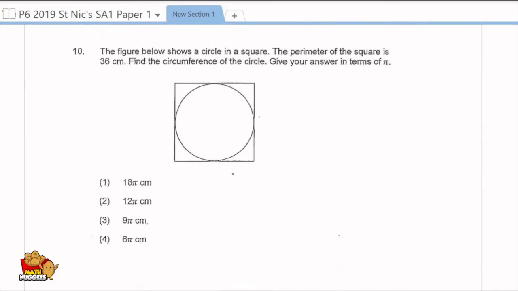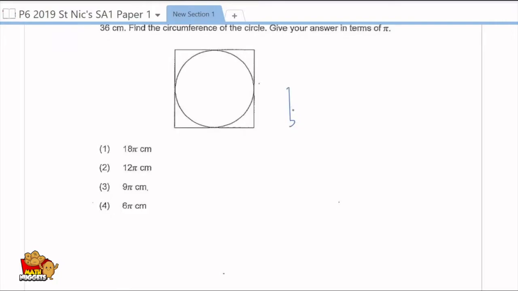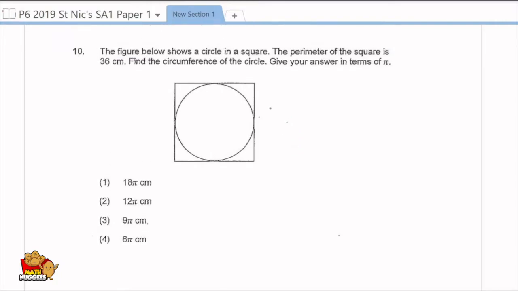Number 10. Circles. Find the circumference of a circle given that the perimeter of the square is 36. Now if the perimeter of the square is 36, one side of the square, 36 divided by 4, will be 9 cm.